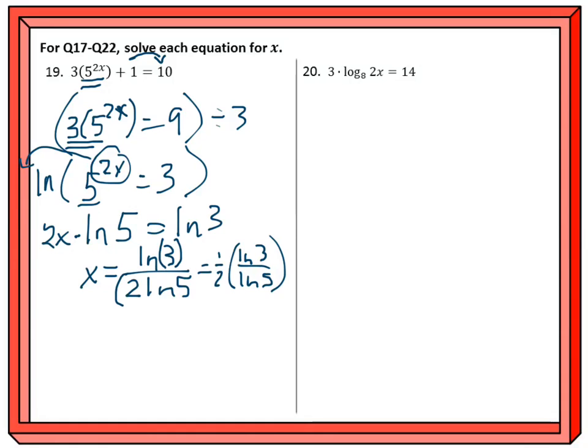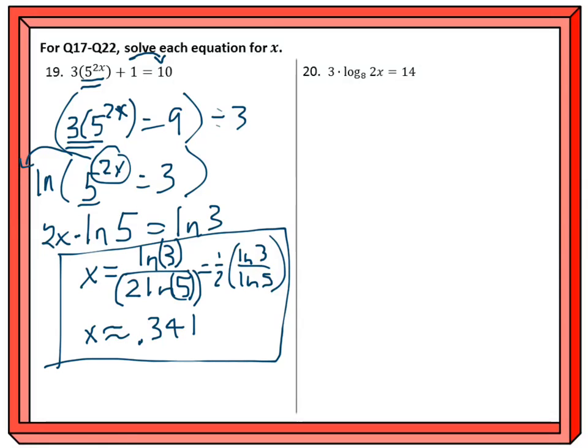You need to open the parentheses on the 2, and then whenever it opens it on 5, double close it on the 5. The reason why is because if you don't put parentheses before the 2, it's just going to divide by 2 and then multiply the answer times the natural log of 5. You know, it's something like PEMDAS, order of operations, whatever. So whenever we put this into the calculator, it is approximately equal to 0.341. There we go. Here's our answer on 19.